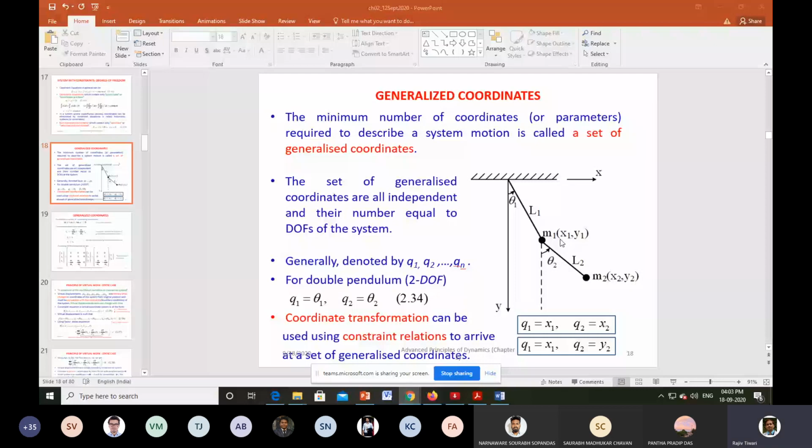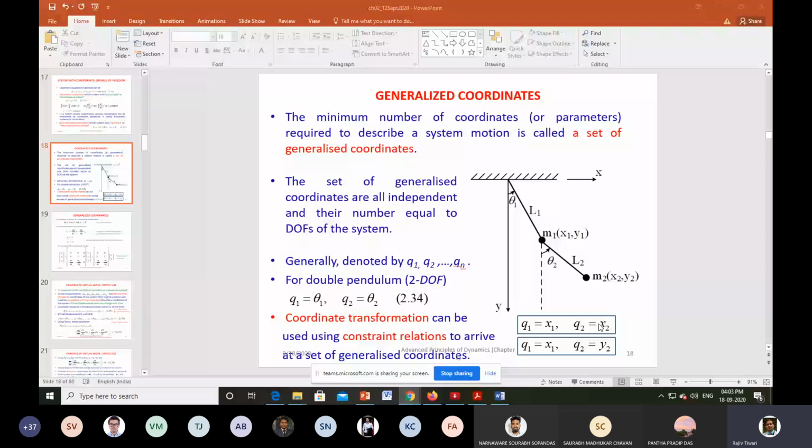But as we know, this system has 2 degrees of freedom. So we can choose any two of these coordinates. We can choose theta1 and theta2 as one set of generalized coordinates, or x1 and x2 as another set, or x1 and y2 as another set.